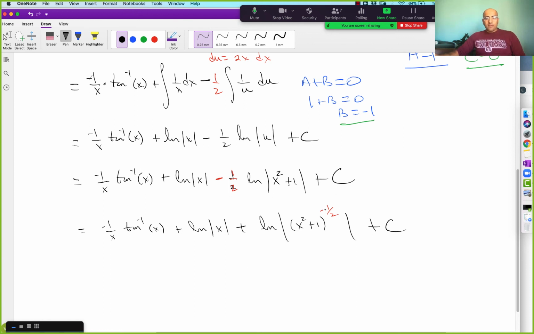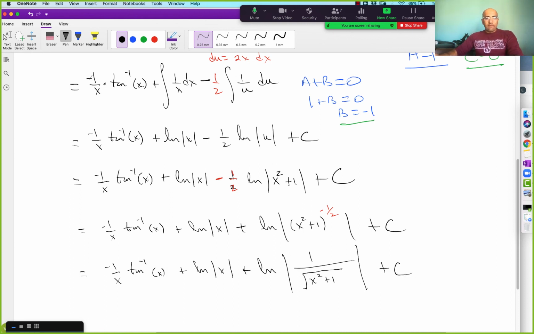So this negative exponent is the same thing as flipping it upside down and taking the root of it. So this is negative 1/x tangent inverse of x plus ln of absolute value of x plus ln of absolute value of 1 over the square root of x squared plus 1, plus some constant.